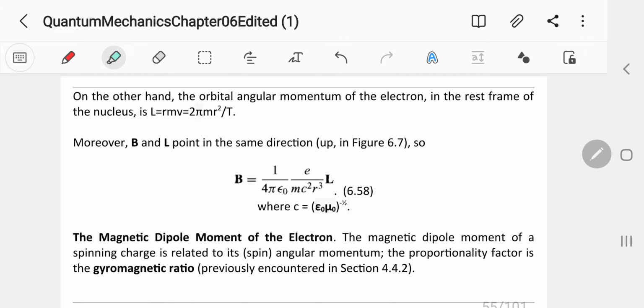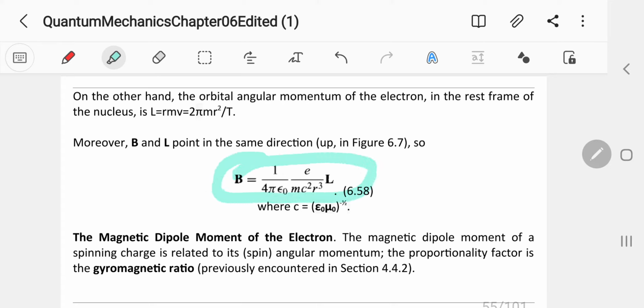On the other hand, the orbital angular momentum of the electron in the rest frame of the proton is L equals the radius times mv, and that is equal to 2 pi m r squared over T. As you can see in the figure, the magnetic field and the angular momentum are in the same direction, and they're related by this.